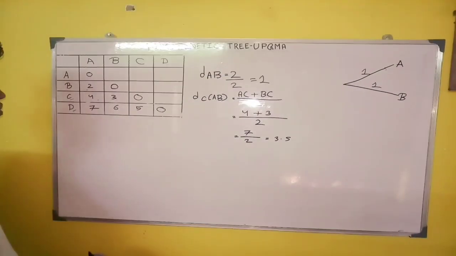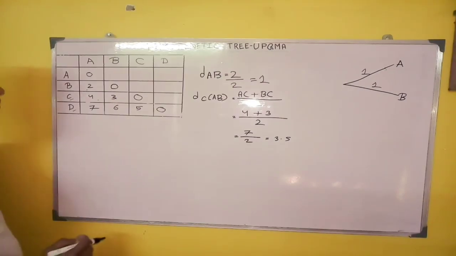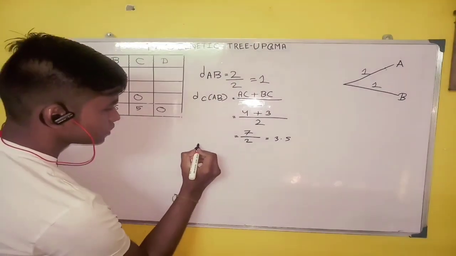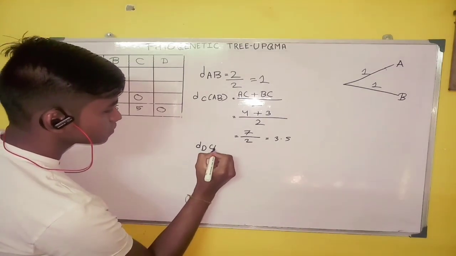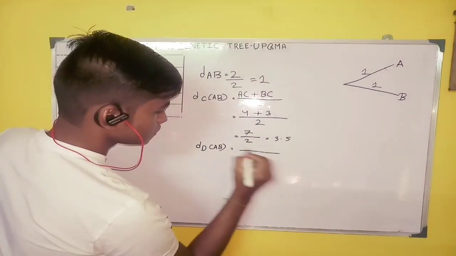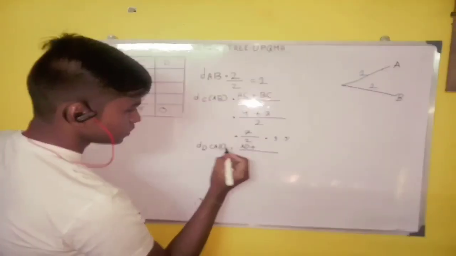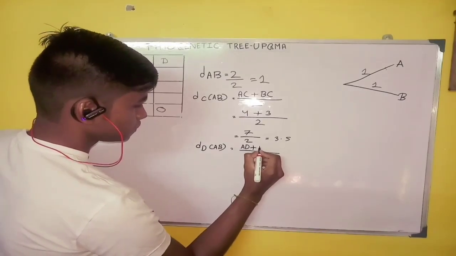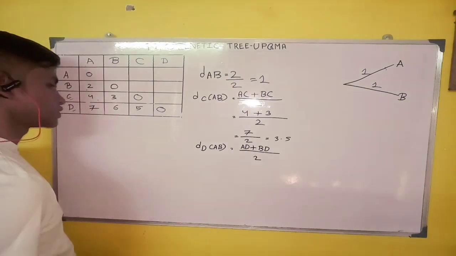Now we will determine the distance of D in respect of AB. The formula is AD plus BD divided by 2, because there are two distances.